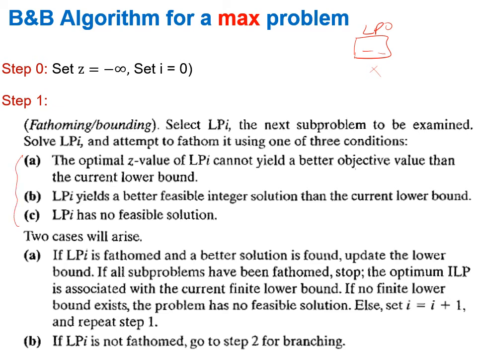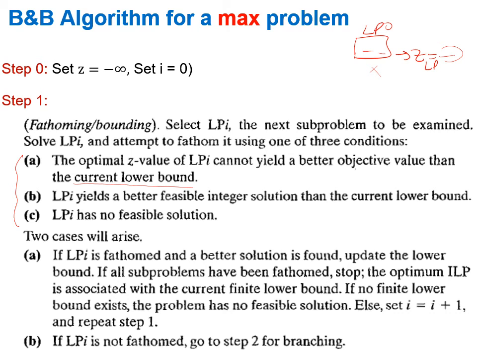We can fathom because of a bound. So we obtain here a z value, okay? By solving this LP relaxation, we obtain a z value for the LP, not for integer, and compare this with the best integer solution that you know until now.